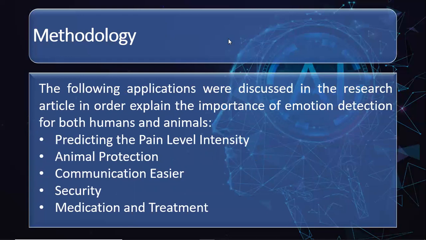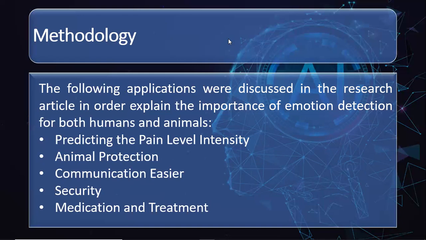So again, in the methodology, the following applications were discussed in this research article in order to explain the importance of emotion detection for both humans and animals. So here are the applications that were discussed. Number one, predicting the pain level intensity.